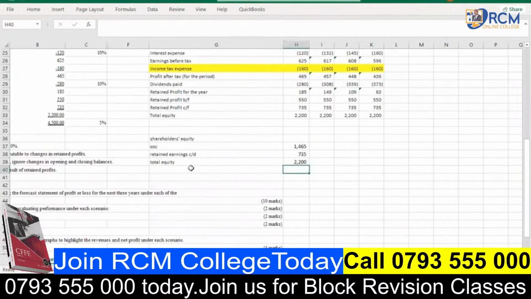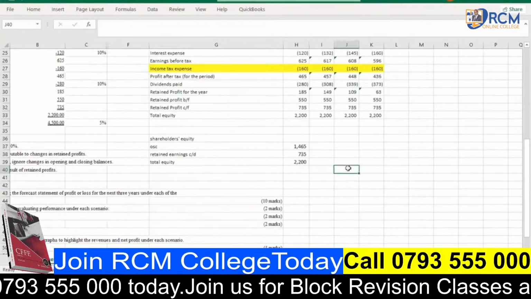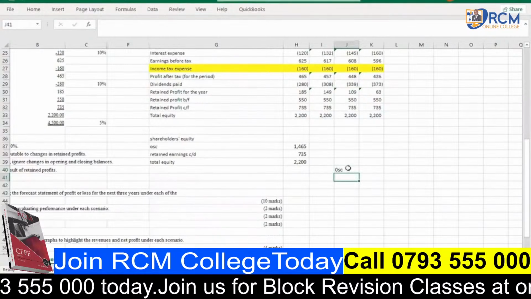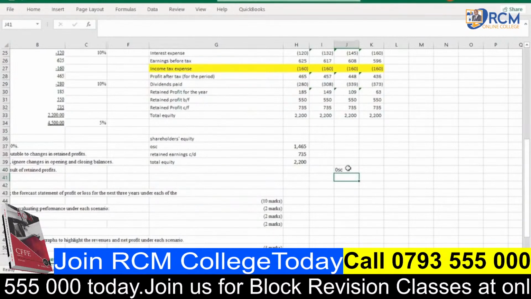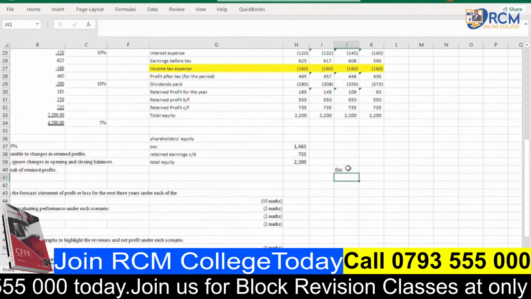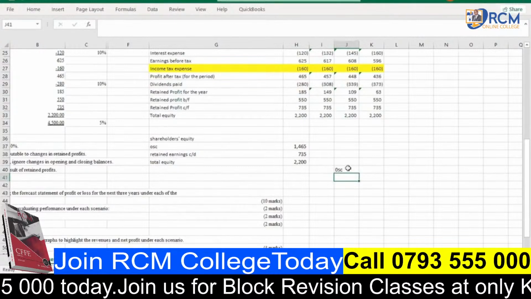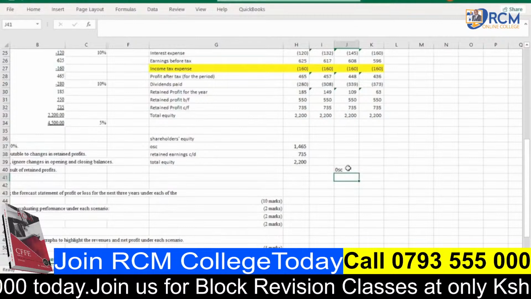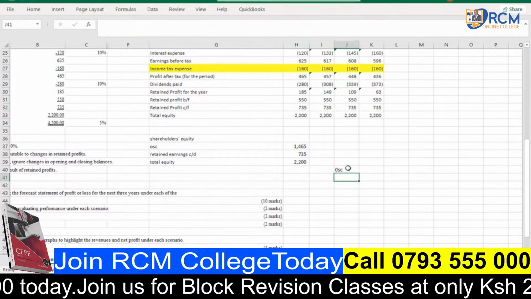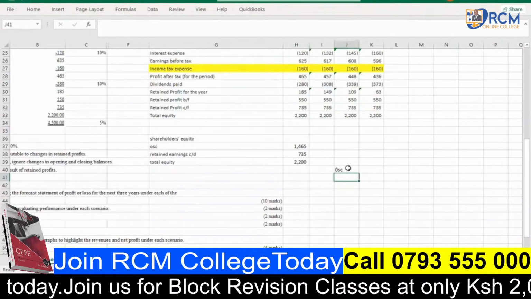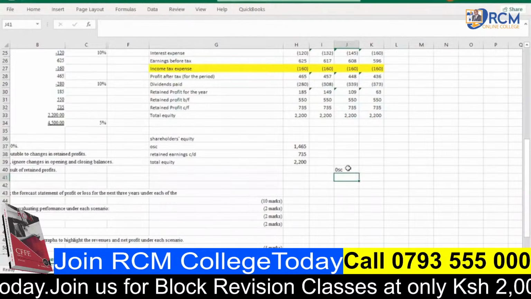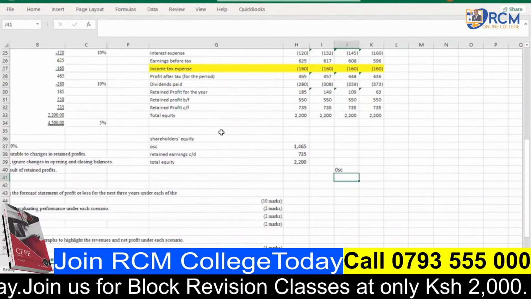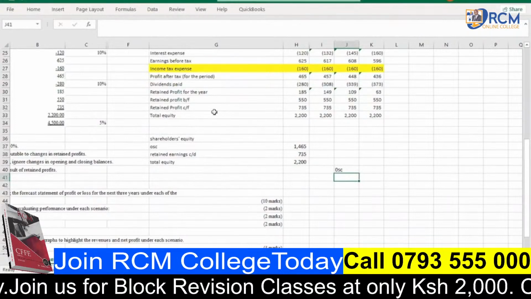For us to get the total equity, we normally say it is the ordinary share capital, then retained earnings carried down, and the retained earnings carried down is equal to retained earnings brought down plus profit for the year.